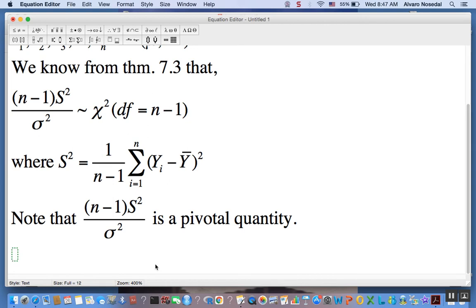So we have encountered and used those before, right? So we know that a confidence interval looks something like this, right? What we want to find here is two numbers.